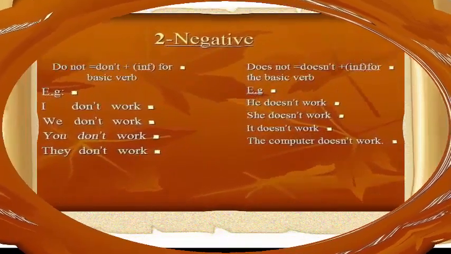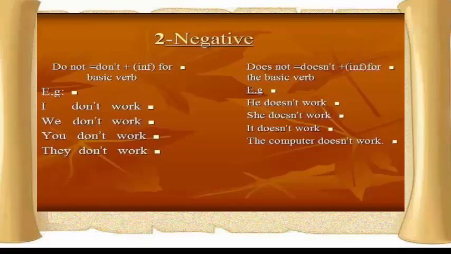In negative form, we form the negative sentence with do not or does not. Do not, when we shorten it, we say don't. We use don't with I, we, you, and they, such as the first rule.